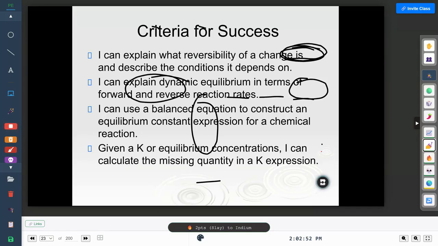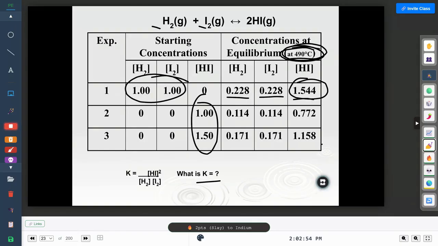And that K value is 45.9. So if we had plugged all these things in and solved for K in each example, using each of those different numbers, we would end up with 45.9.